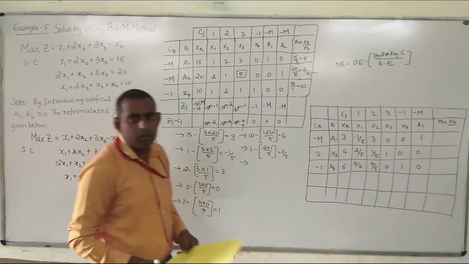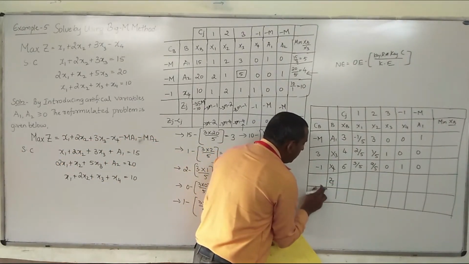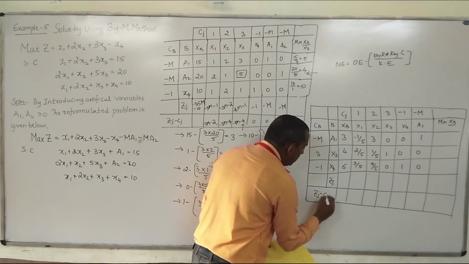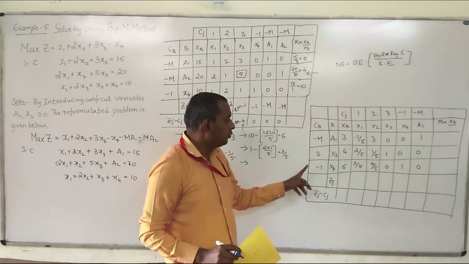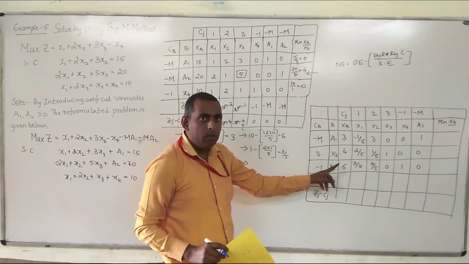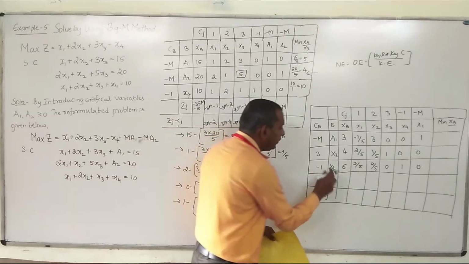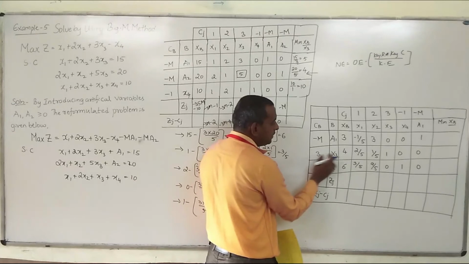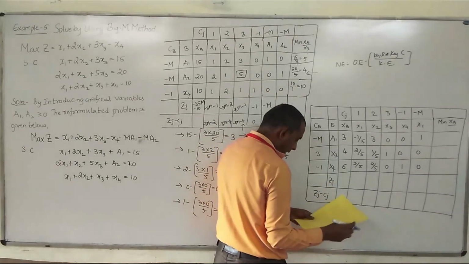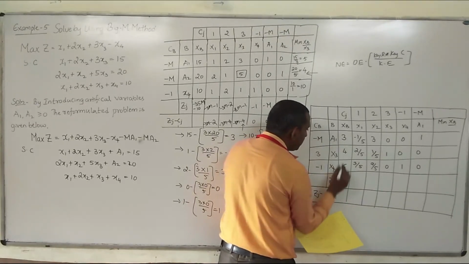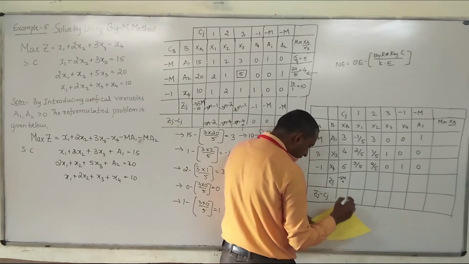Fine. So we need to find the value of Zj. Similarly, Zj minus Cj also we need to find. How to find the Zj value? It is this into this plus this into this plus this into this. That is minus 3m plus 6.